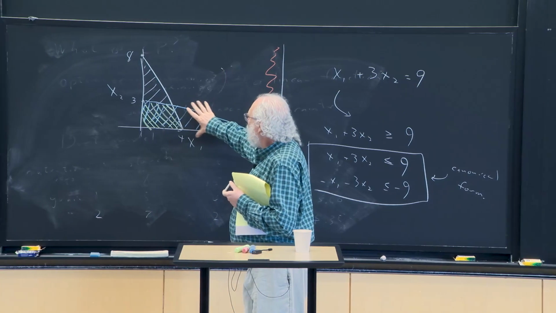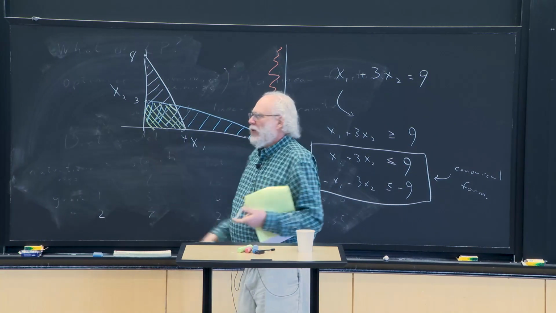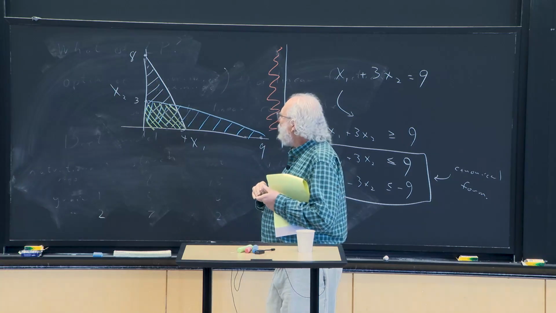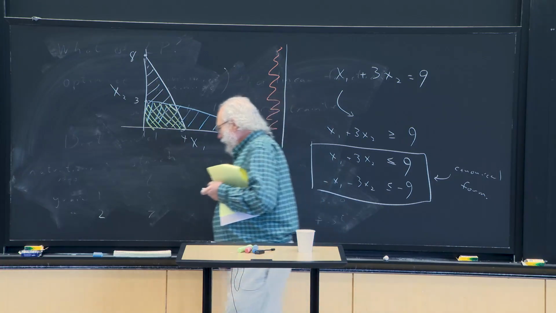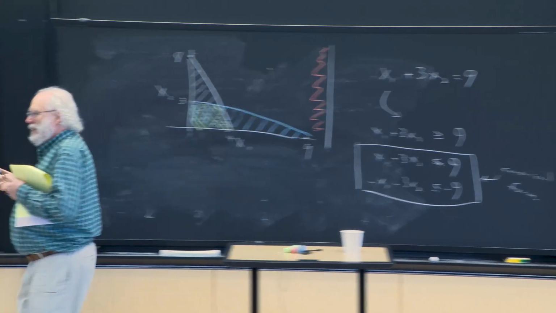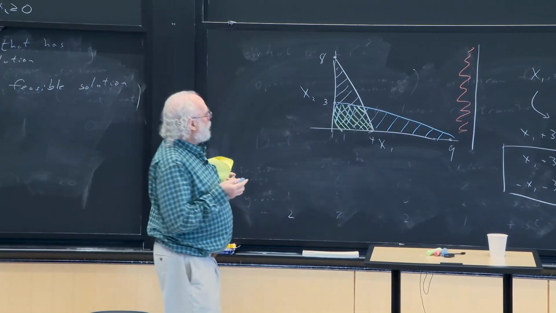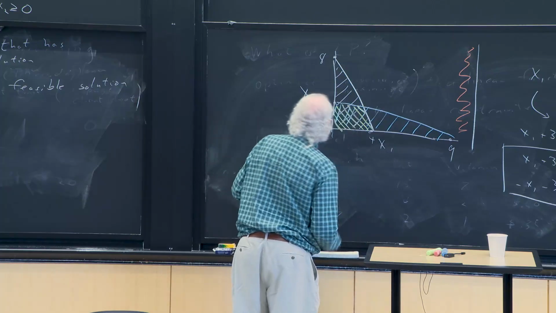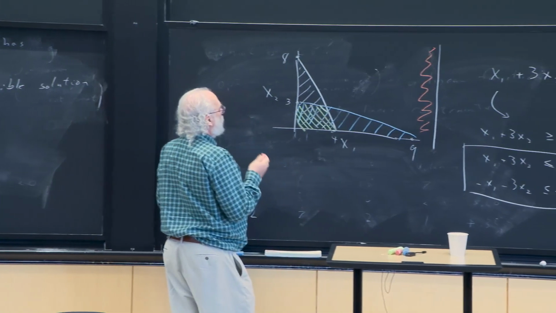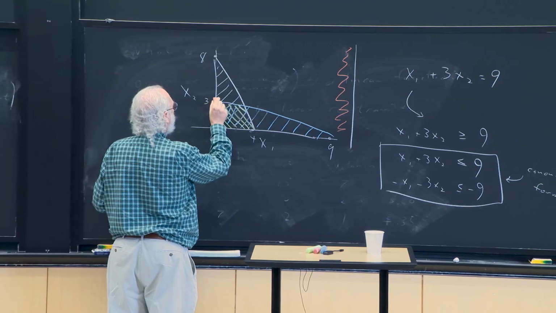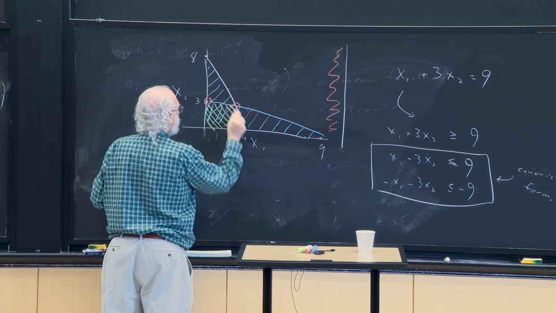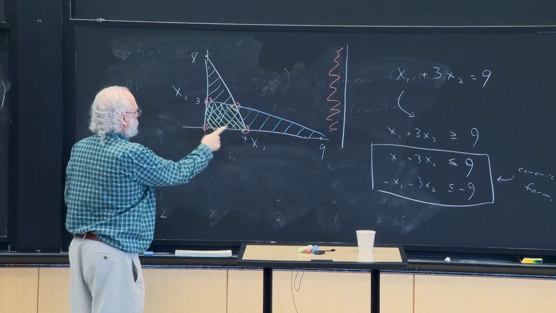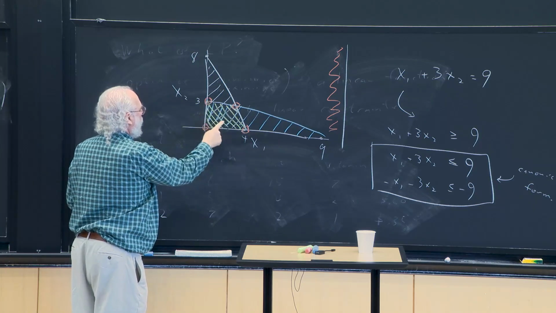Of course, for real linear programs, this diagram isn't planar. It's n-dimensional and impossible to draw on a blackboard, but the basic idea is the same. So the basic feasible solutions are the extreme points of the feasible region.